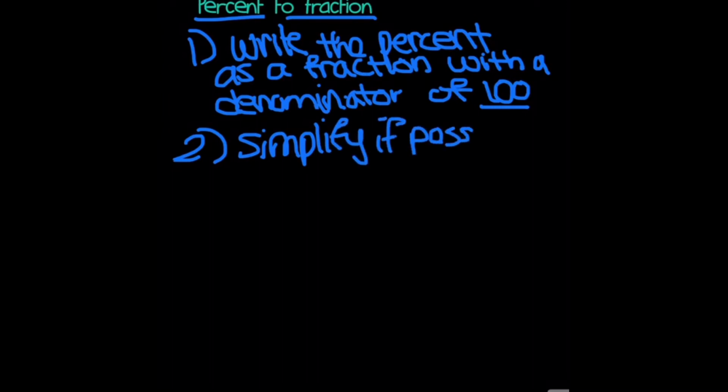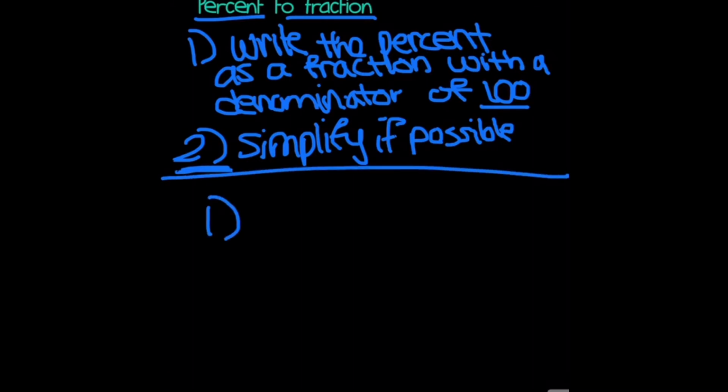You should always simplify your fraction. It won't always be possible to simplify, but if it can be, you should always simplify it. Some examples. If I have 56%, what I'm going to first do is make it over 100. 56 over 100.